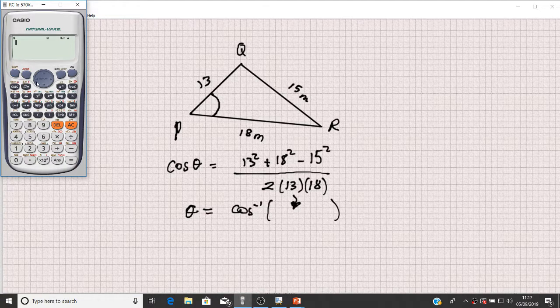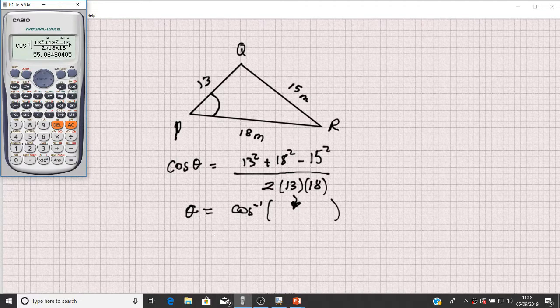Okay, shift cosine inverse. And now we have 13 squared plus 18 squared minus 15 squared, all divided by 2 times 13 times 18, and equals. So that's much better, 55 degrees.